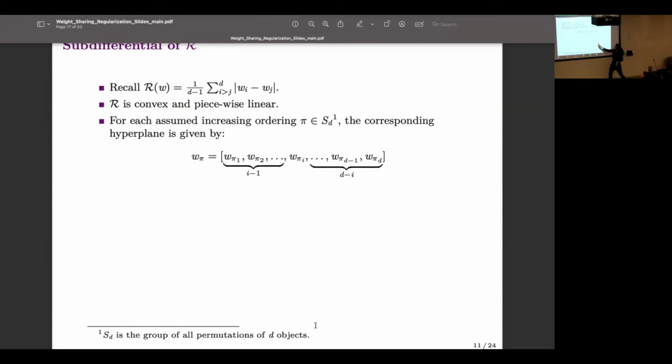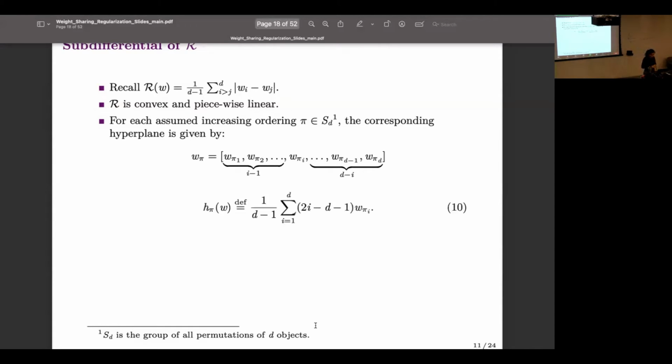So for the Wi, there are i-1 points where Wi is greater than them, so the result of the subtraction is positive. And there are d-i points where the result of that subtraction is negative, so Wi is going to appear with the negative sign. So it's going to be Wj minus Wi.